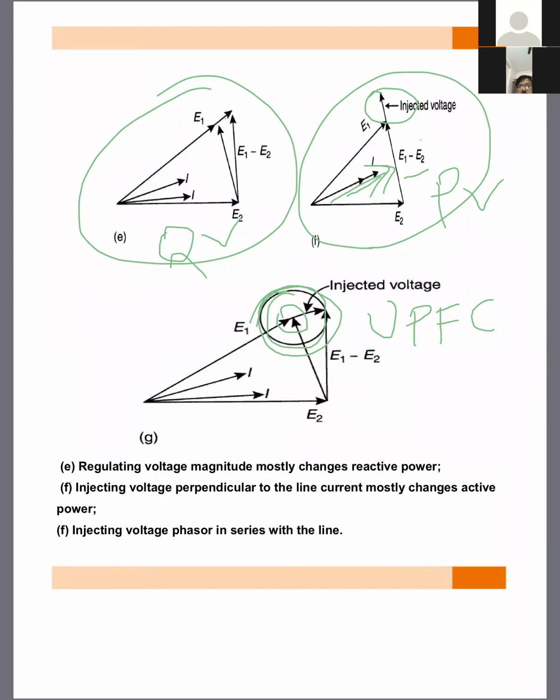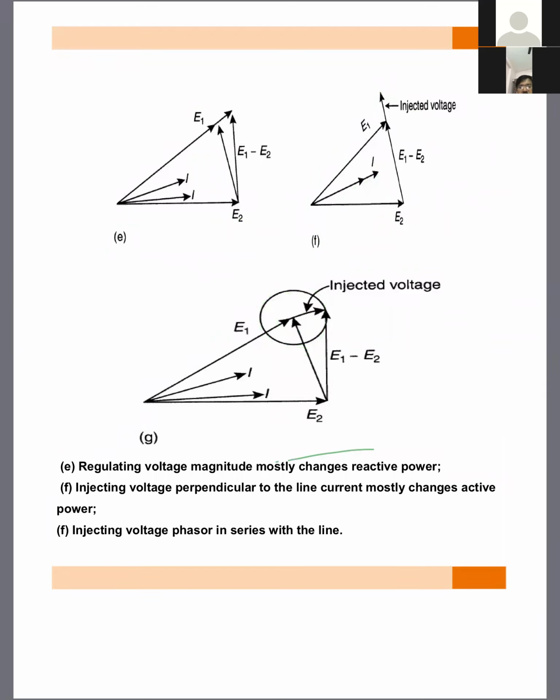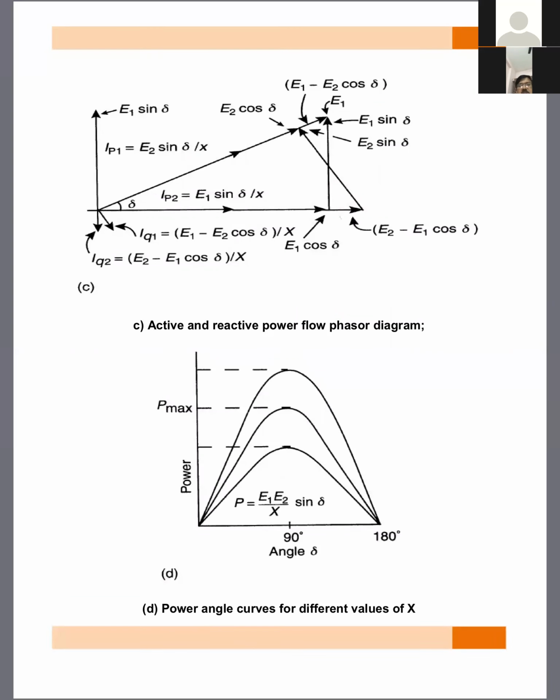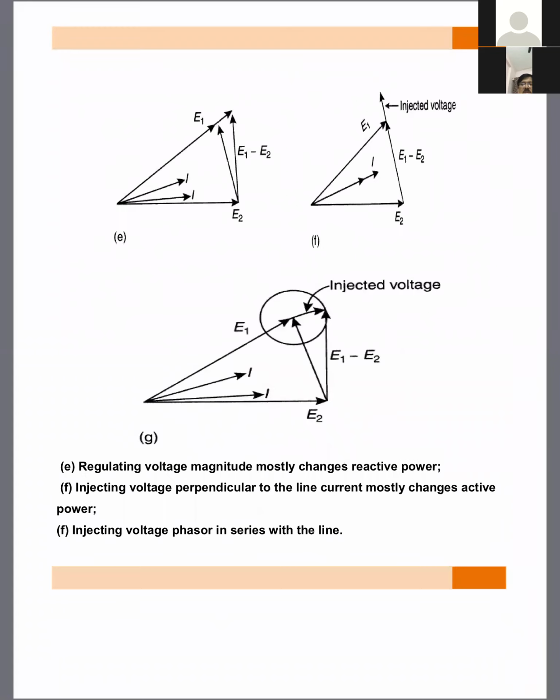Finally, I am concluding that in the case of series compensation, the X value, the series reactance, will be changed directly, so that the power flow diagram will change like this. Then in the case of shunt compensation, depending on the injected voltage, real power and reactive power control is possible.